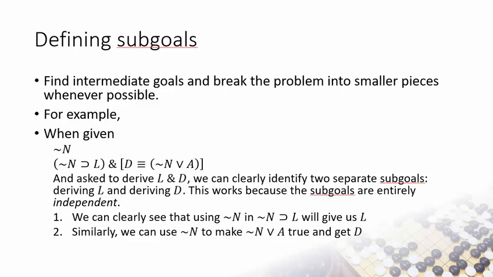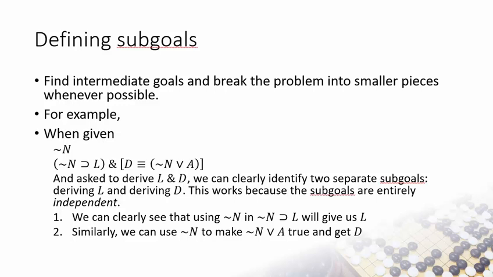Well, one obvious strategy suggests itself. The second premise itself has a conjunction in it. I can break that into two pieces because those are two things that I know. So not-N implies L is one of those. Well, not-N is one of the premises. So I can then go through the material conditional and get to L. So now I've gotten half of it. That's one of my subgoals that can be accomplished by doing that.